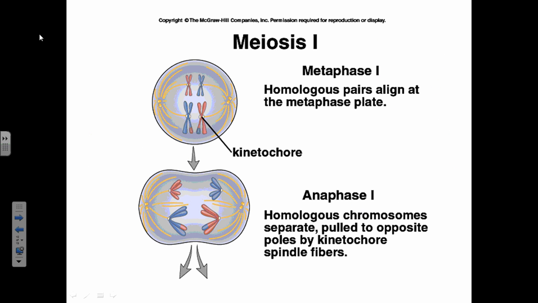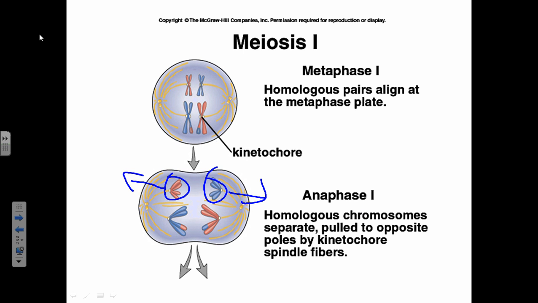Anaphase 1 is sort of what anaphase always is. Anaphase is about what? Separation. Now in this case, the X-shaped chromosomes, they don't break. What gets separated in anaphase 1? This chromosome is getting pulled that way. This one is getting pulled that way.